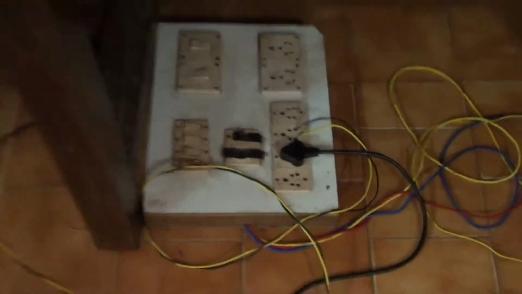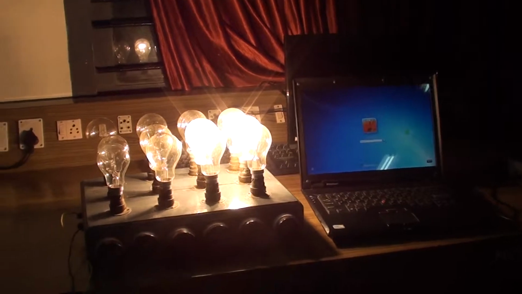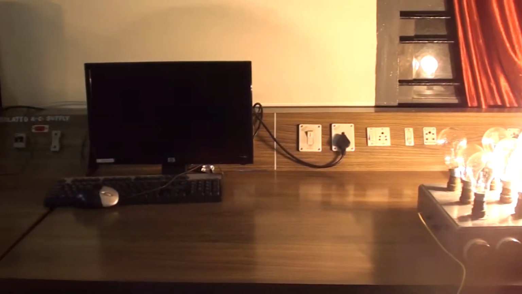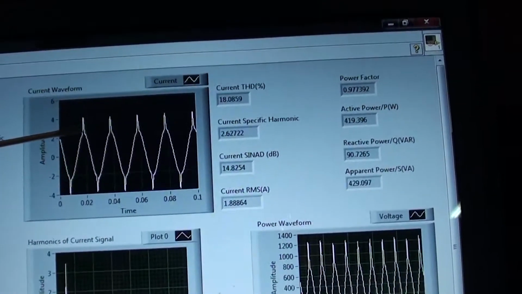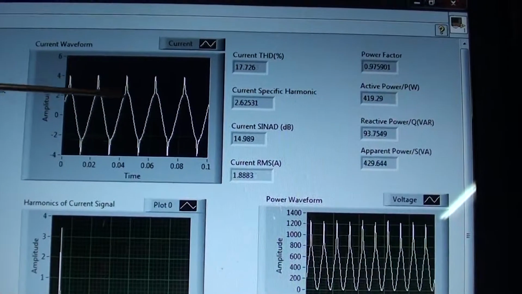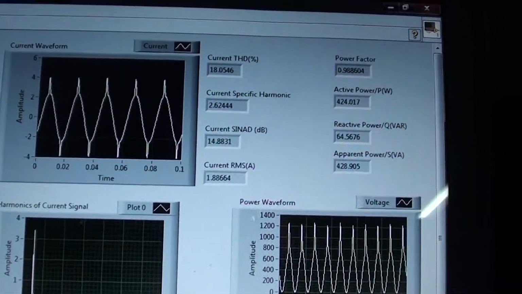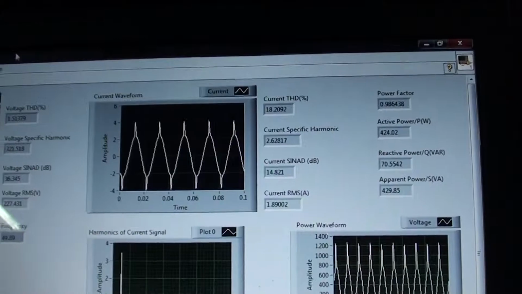So what we have now with us is a combination of lamp and laptop load, that is a combination of linear as well as non-linear load. Due to the introduction of non-linearities, the perfectly sinusoidal current waveform has glitches. As we can see, the glitches are introduced here. This is basically due to the non-linearities present in the laptop.